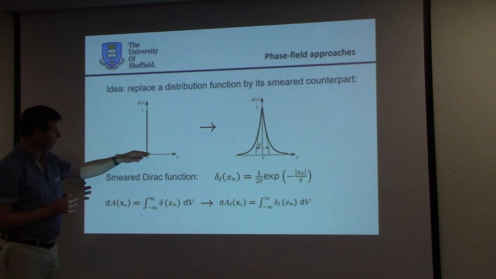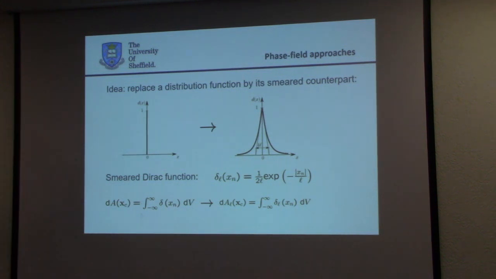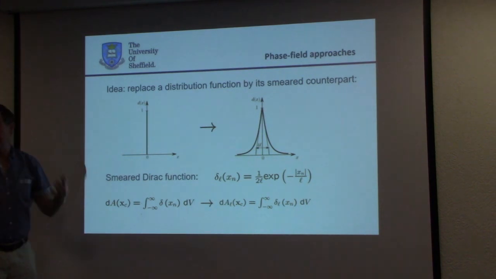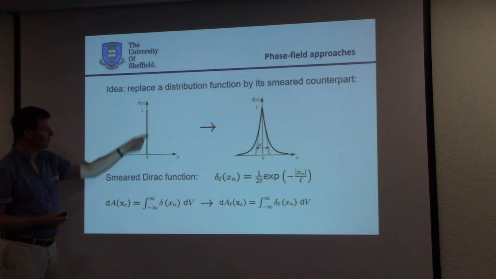If here we have something like a strain at the crack, which is described by a Dirac function. So here we have a jump in the displacements. So that means that when we differentiate that, we get strains which have a Dirac function.